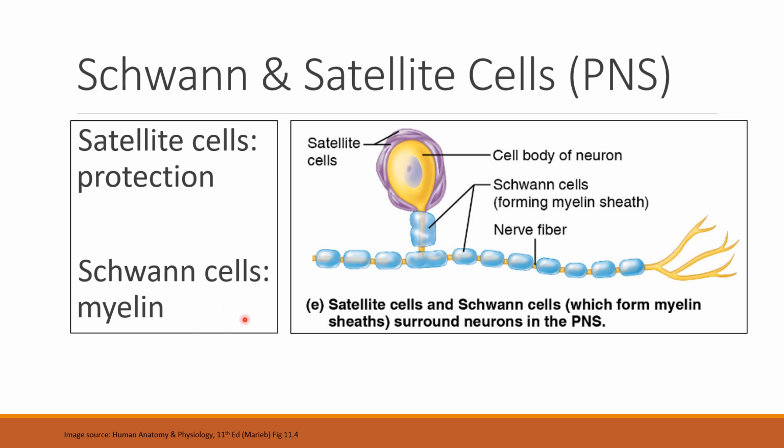And then the Schwann cells, they will produce myelin, but this is in the peripheral nervous system. So those long nerves that maybe go down to your feet, you have to have this myelin to help with the transmission of the nerve impulse. So Schwann cells produce this myelin, as opposed to the oligodendrocytes in the central nervous system.